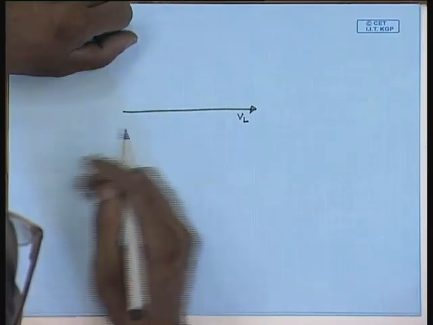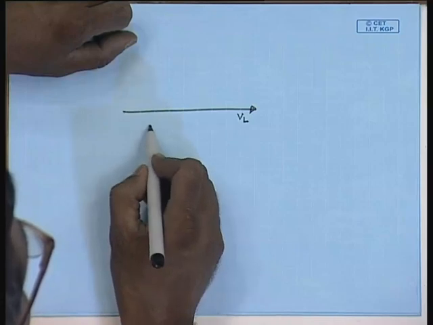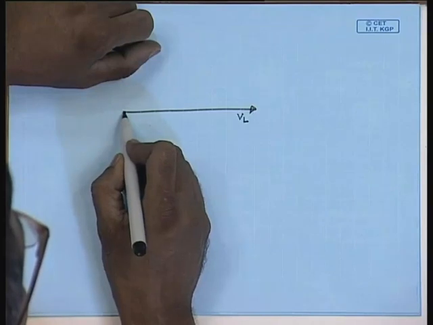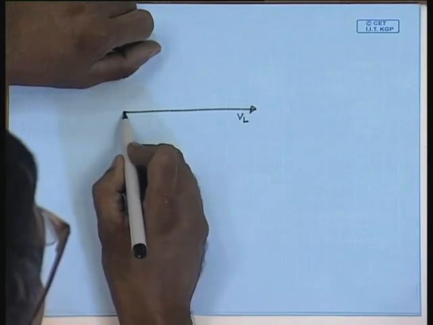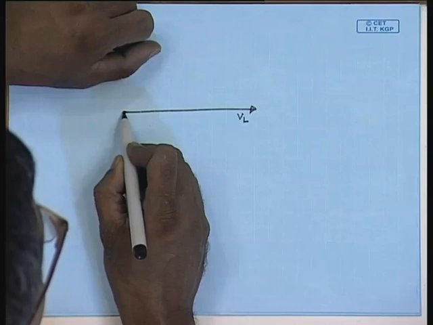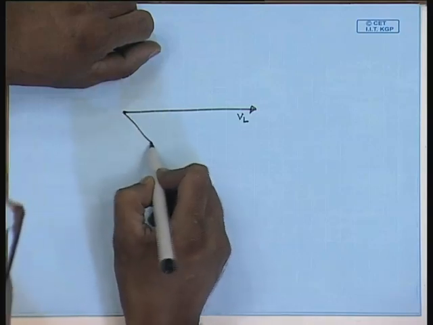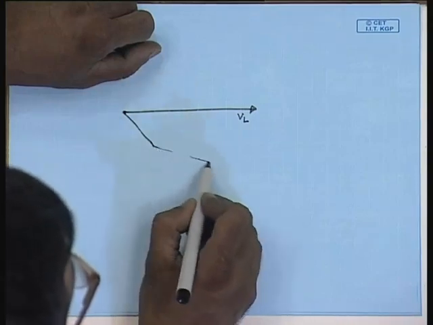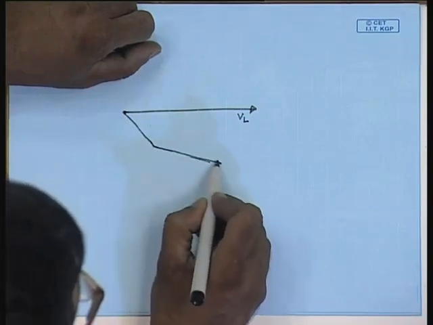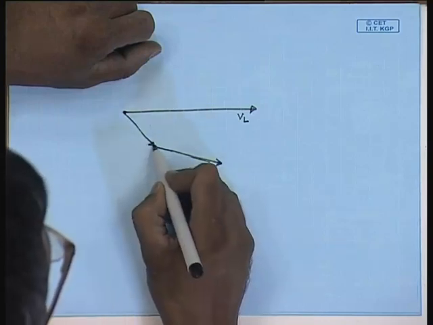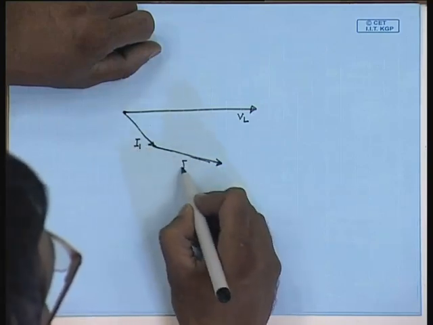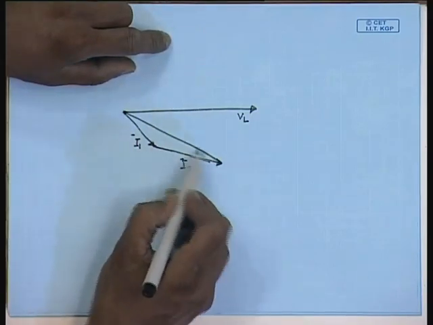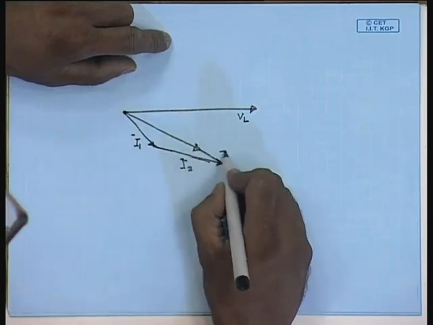I1 is at a larger lagging angle of 49.6 degrees, but has smaller magnitude. I2 has a larger magnitude, but a smaller angle. This is I1, this is I2, and this is the total current IL.